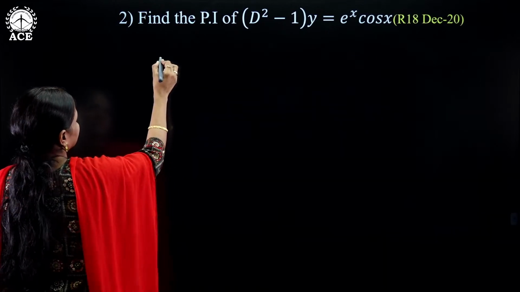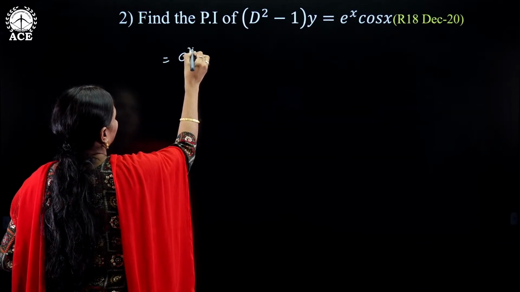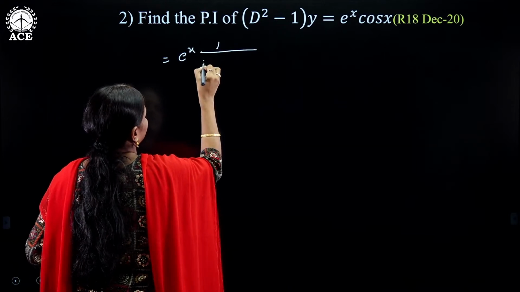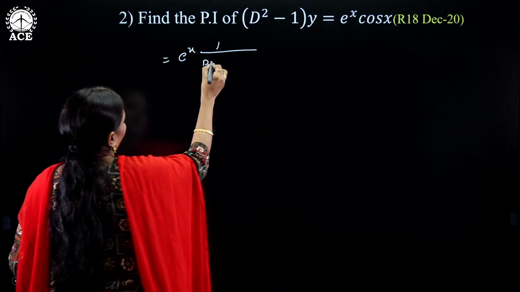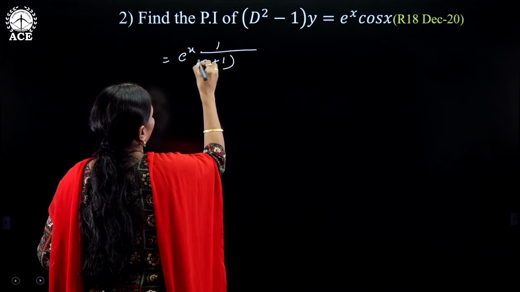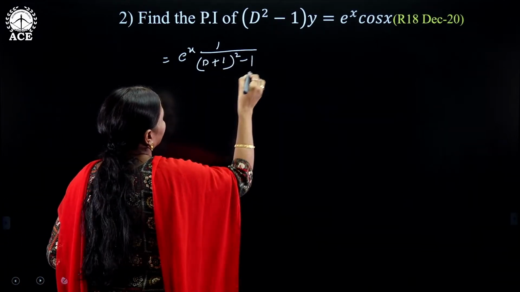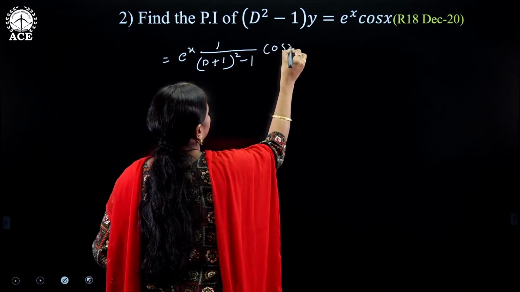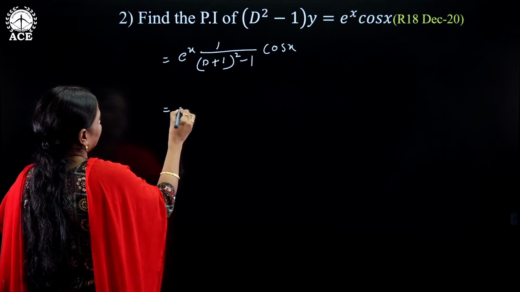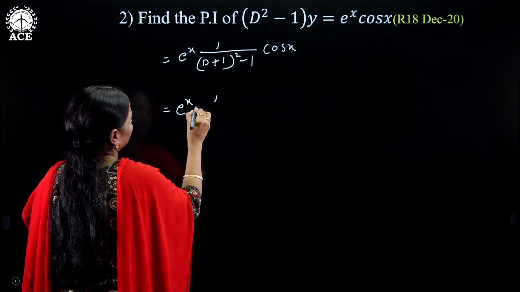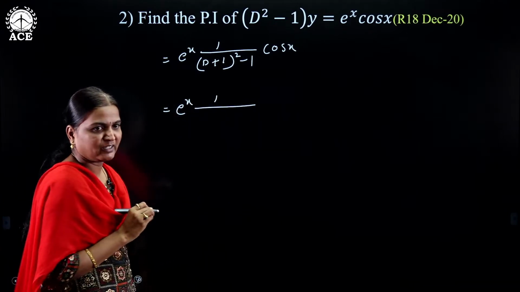If we simplify this one, it is equal to e power x into 1 by d plus 1 whole square minus 1 into cos x. Simplify it, which is equal to e power x into, what is the expansion of d plus 1 whole square?